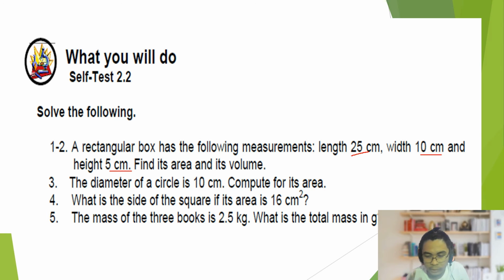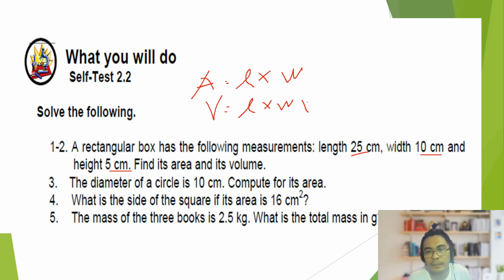Go back to the discussion wherein the area is simply length times width, okay? While volume, that is length times width times height, okay? So you may use this formula for numbers 1 and 2.